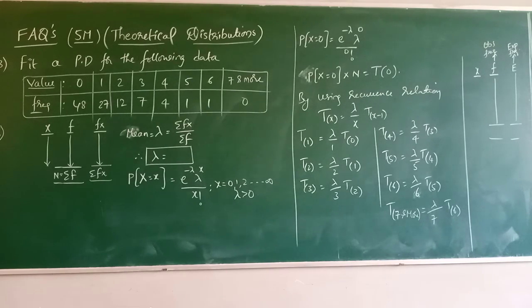For finding the mean, as we learnt in the first year, first find Fx, multiplying each. 0 into 48 plus 1 into 27 plus 2 into 12 plus 3 into 7 plus 4 into 4 plus 5 into 1 plus 6 into 1 and 7 or more into 0. After multiplying, you will be getting the summation Fx. Now, as you know the formula, summation Fx by n is nothing but the mean.